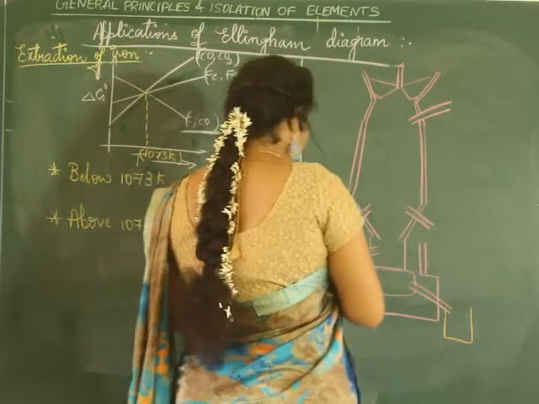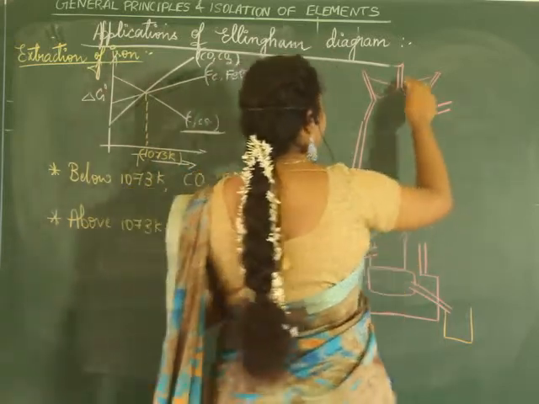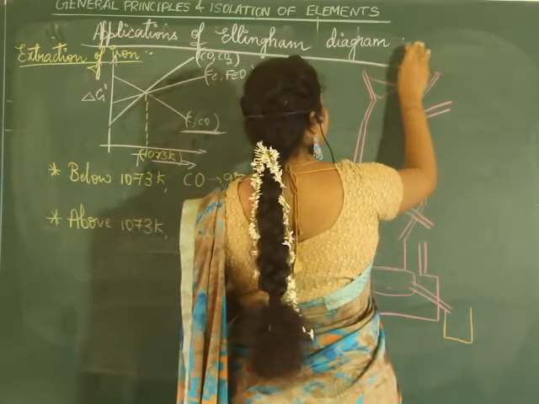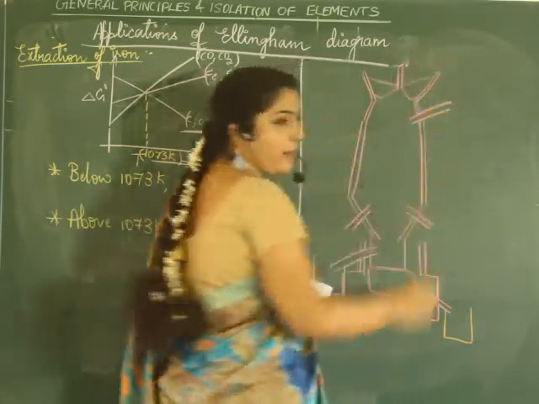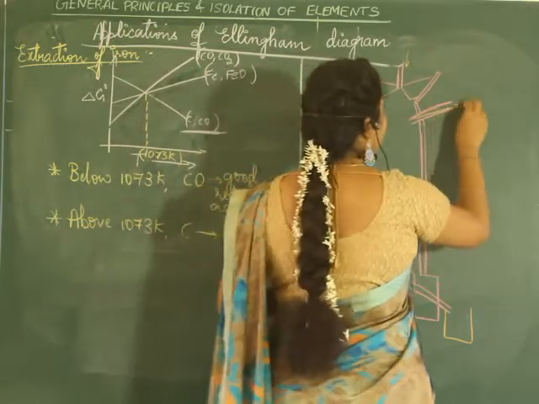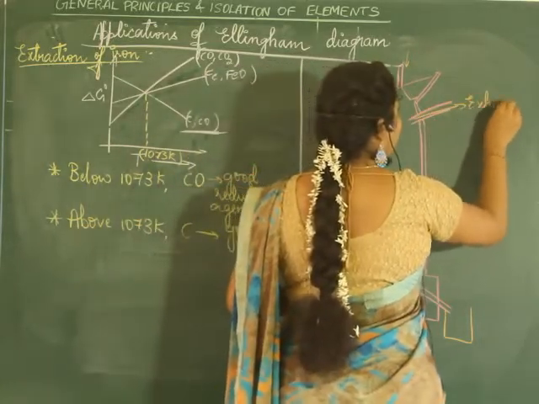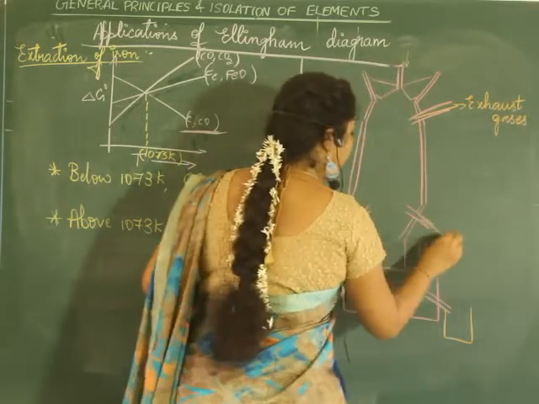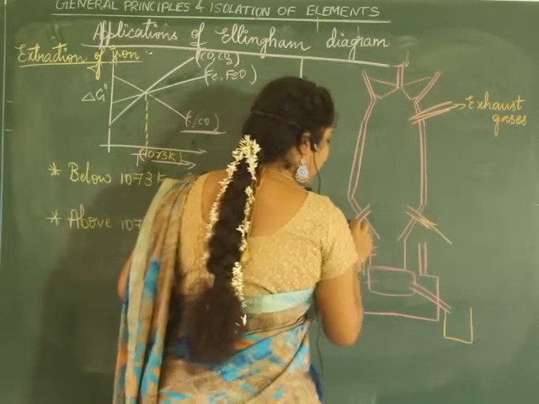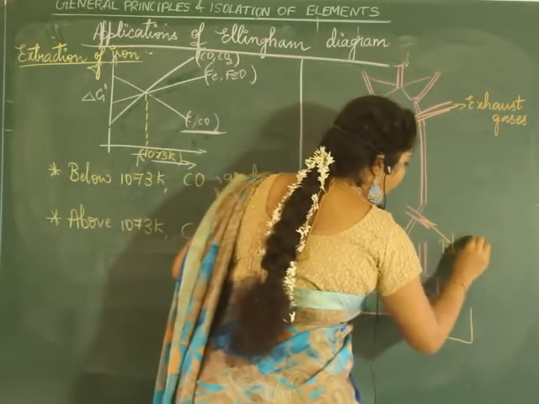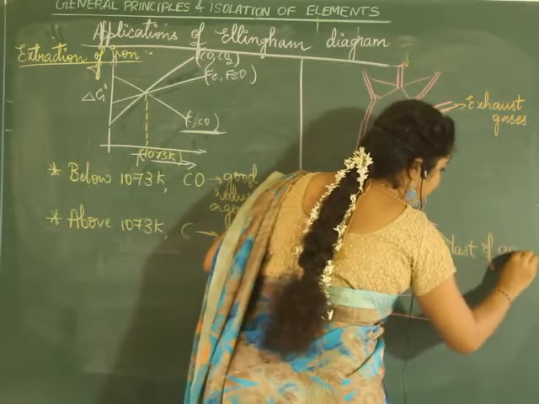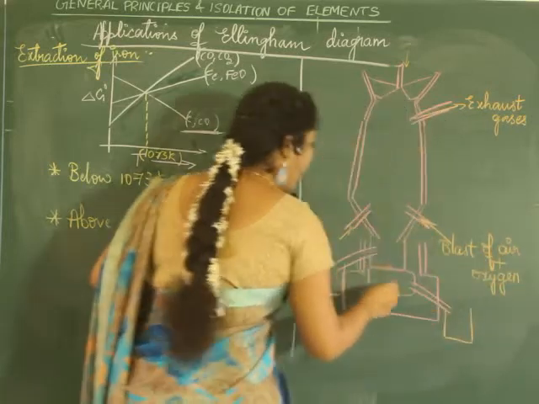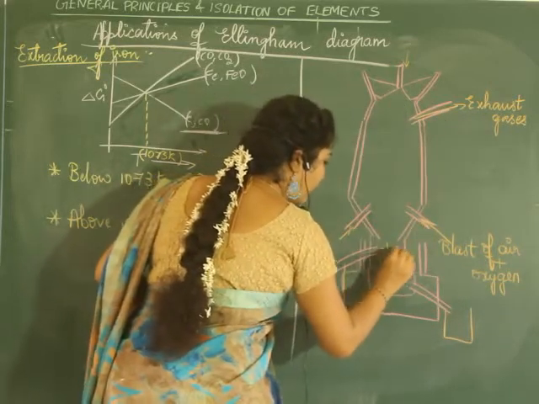Okay, we'll see the parts of this. So this is an area where the ore particles will be subjected. This is a part for exhaust gases. Here you can see two inlets through which a blast of air and oxygen will be passed. This is an area for molten slag.